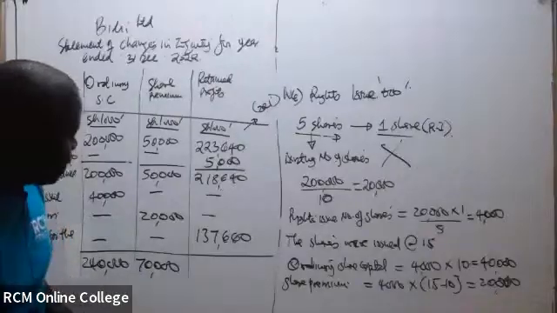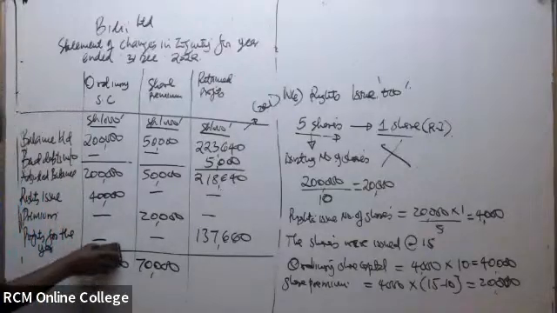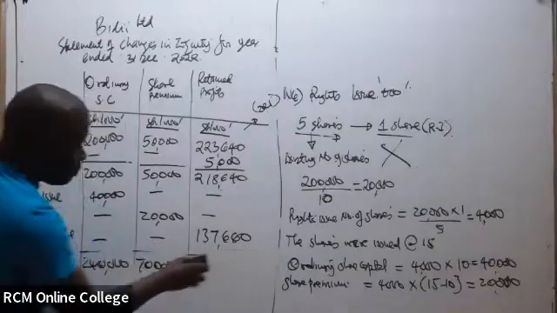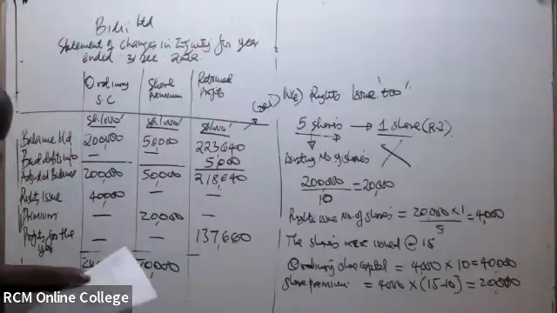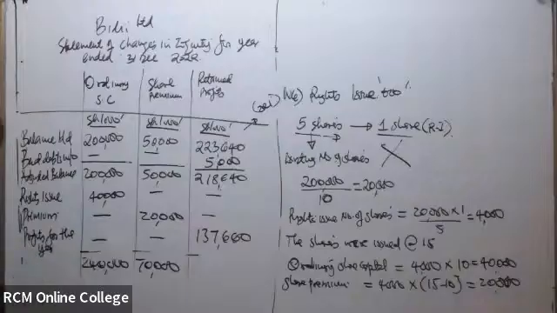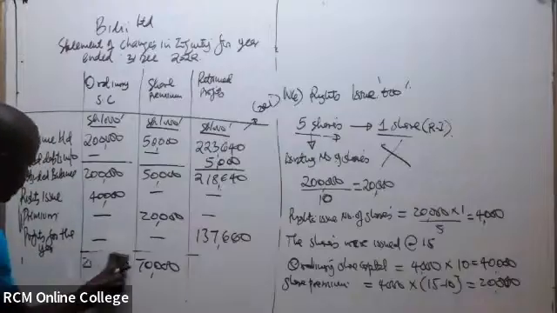So there's this item, you can include one item here, just squeeze one item here. There was an interim dividend. I think there was an interim dividend paid of 10 million. So we'll include it here.